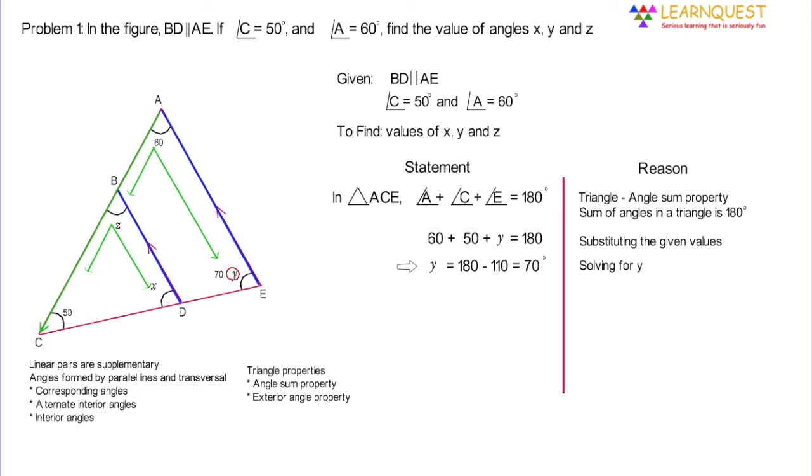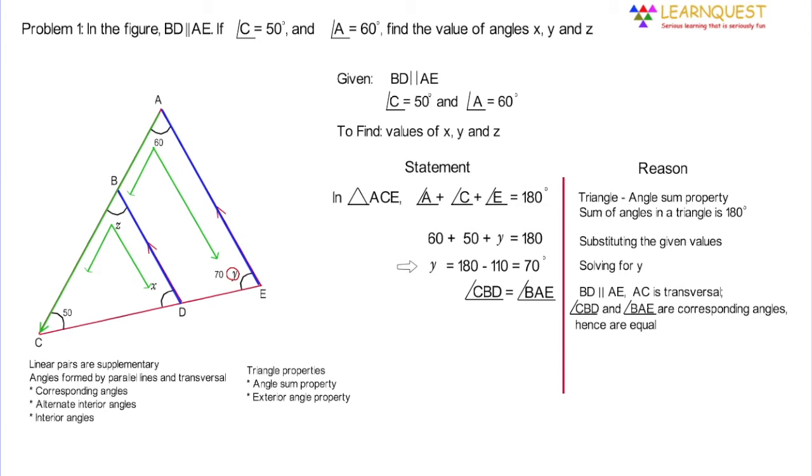So let us write that down. We will write in the statement that angle CBD equals angle BAE. And in the reasons, we will write in detail that BD is parallel to AE and AC is the transversal. So angle CBD and angle BAE are corresponding angles and hence equal.